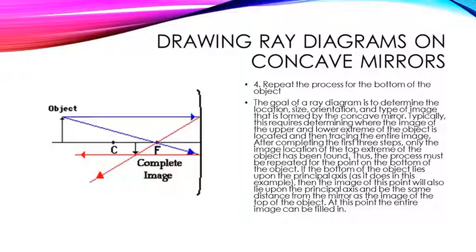So this is our entire image, this little arrow right here. This image, we need to know its size. So size, it's smaller. Its orientation, it's upside down.